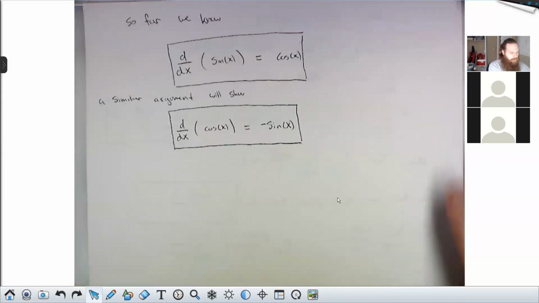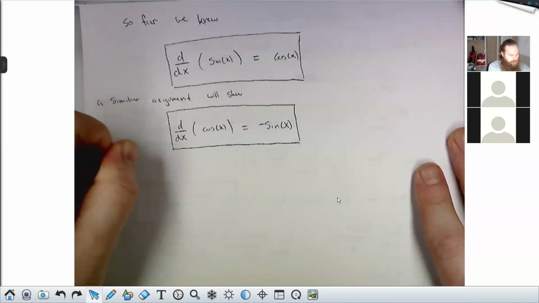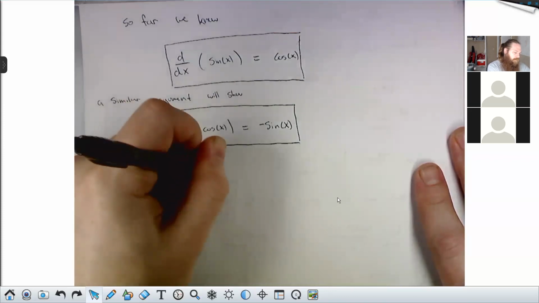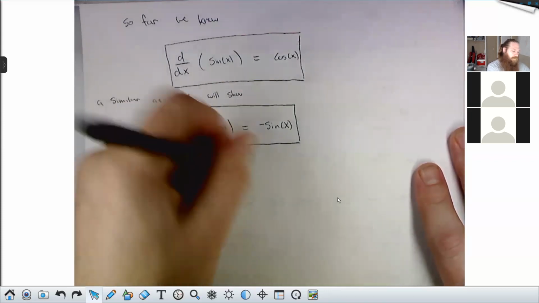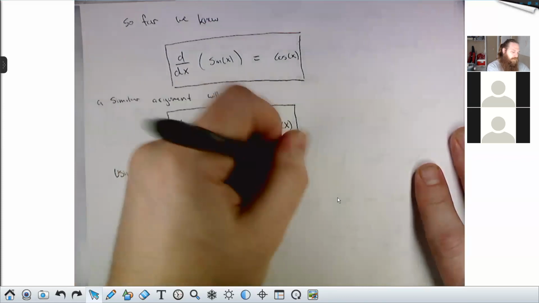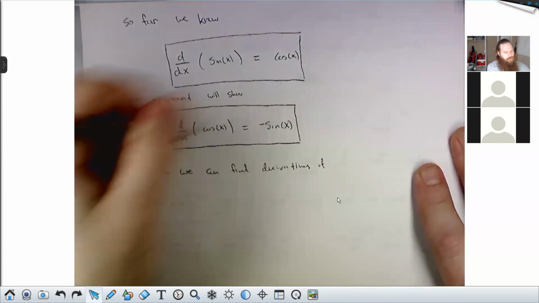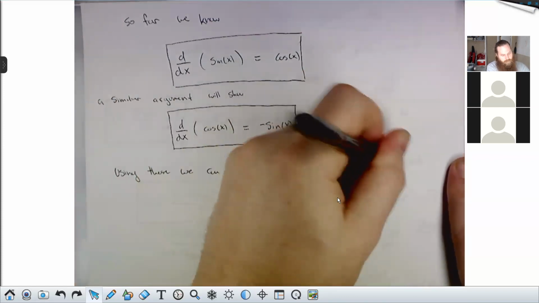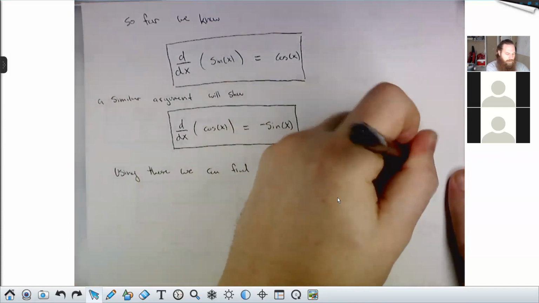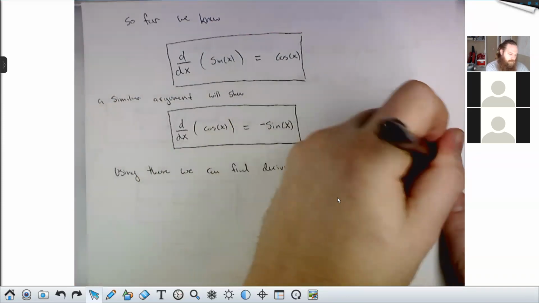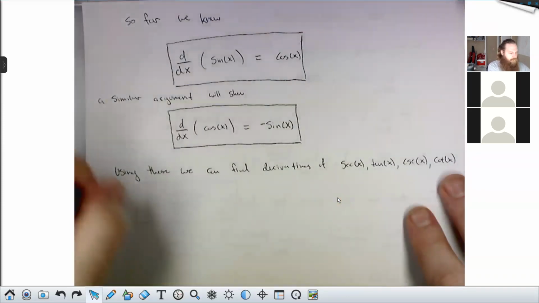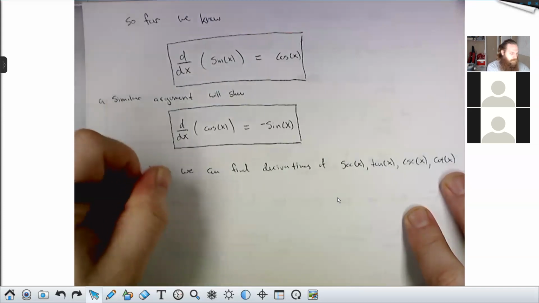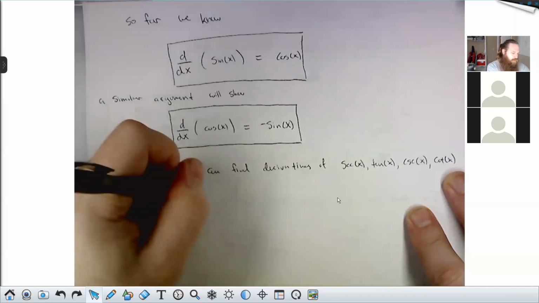So using these, we can find derivatives of secant x, tangent x, cosecant x and cotangent x, just by applying the quotient rule.